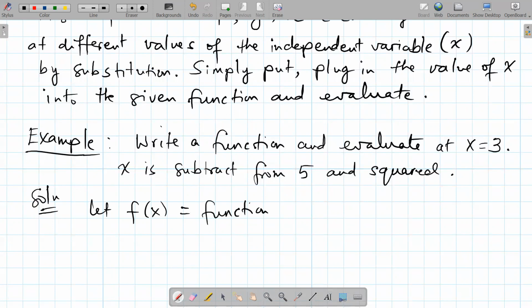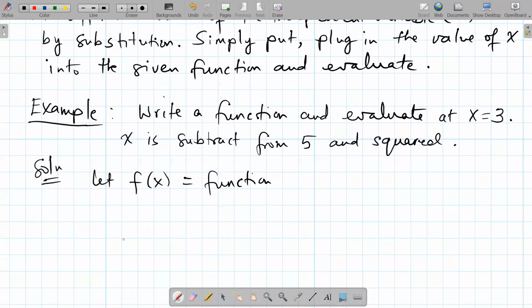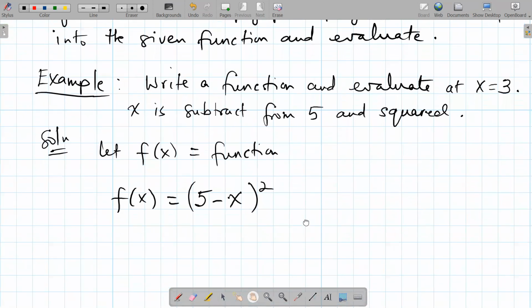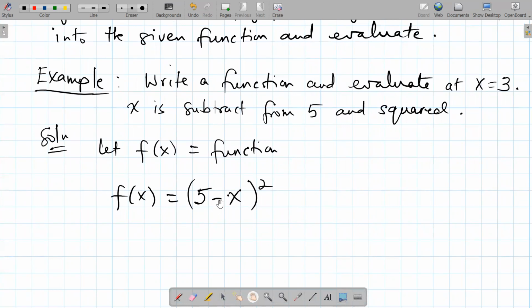So my f of x is going to be, reading, x is subtracted from 5, and squared. So from means that the 5 has to be on the left, the x on the right with a subtraction, and then everything squared. So that would be your function.